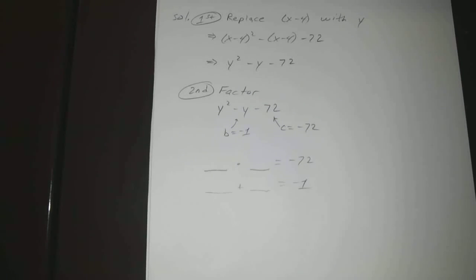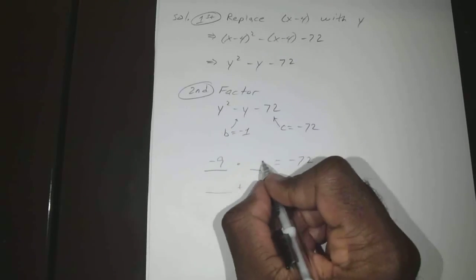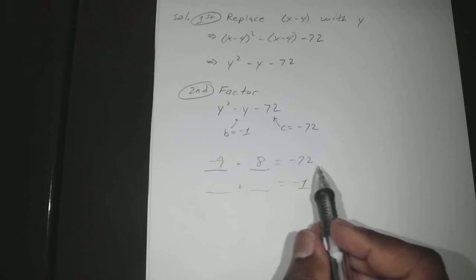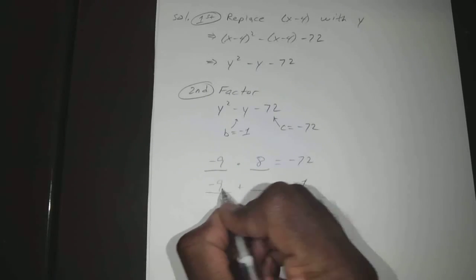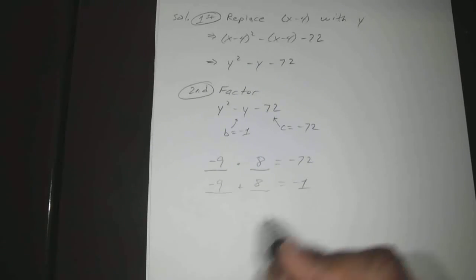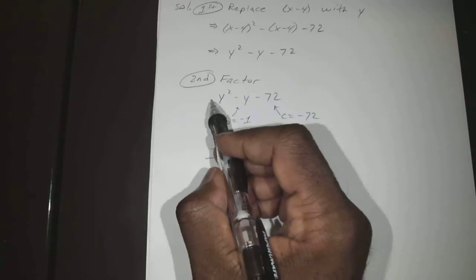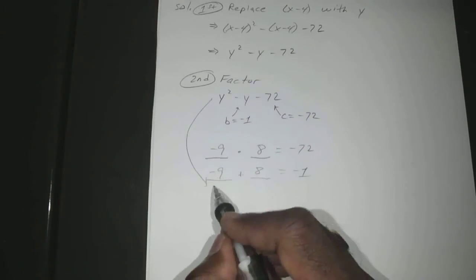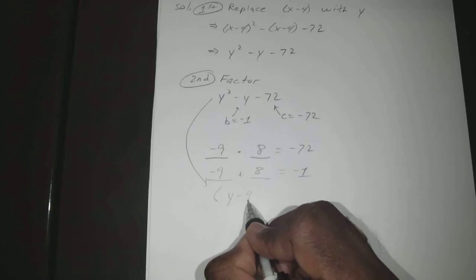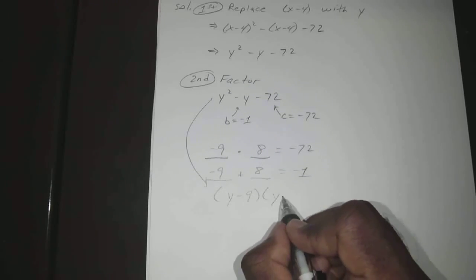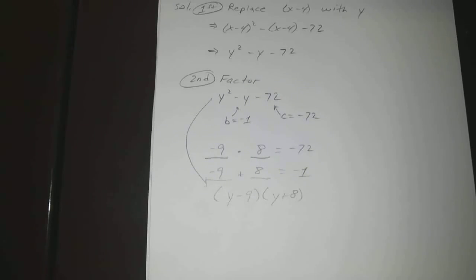Okay. So in this case, -9 and 8 works. -9 times +8 is -72, and -9 plus 8 is -1. So we know this just becomes y minus 9 and y plus 8.